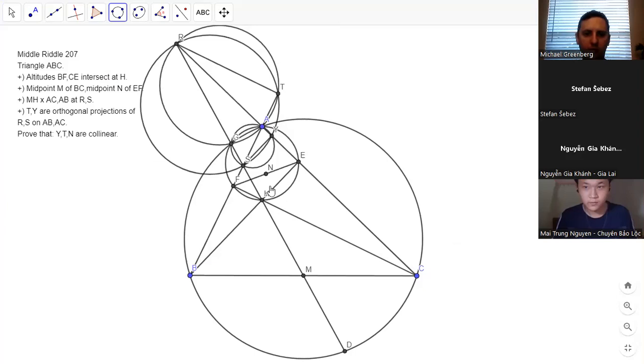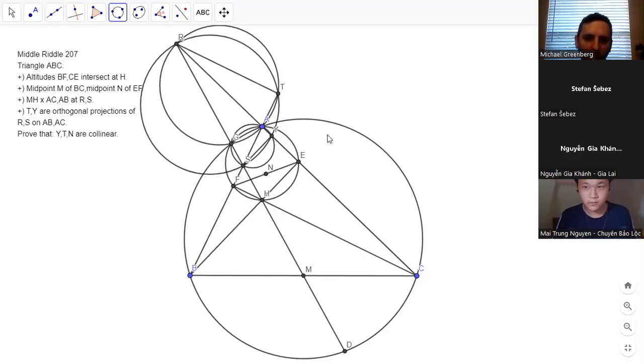We basically have that there is a spiral similarity taking SY to BC, and that is true for any circle which passes through A and G and intersects AB and AC like that. And we basically have that S and Y are corresponding points in similar triangles BHF and CHE. Exactly.